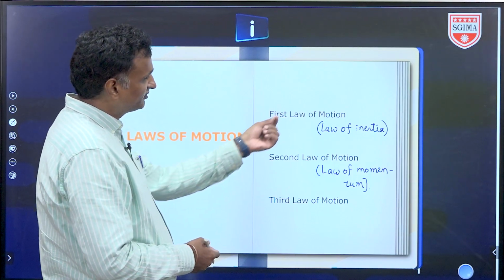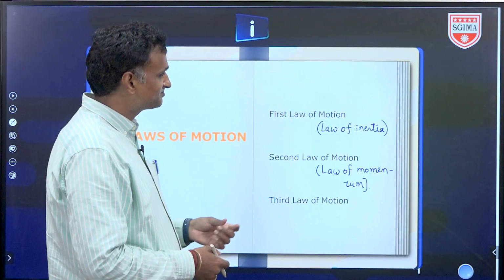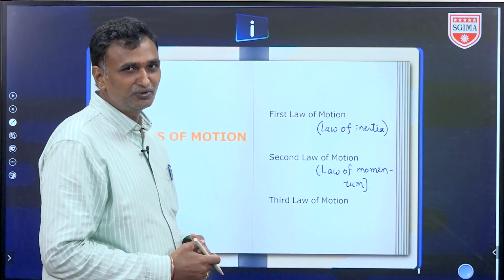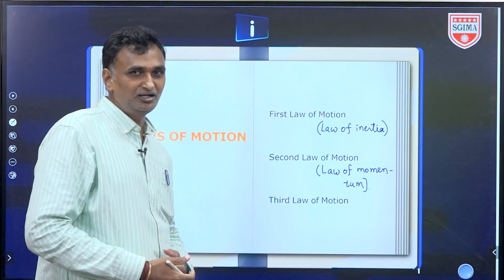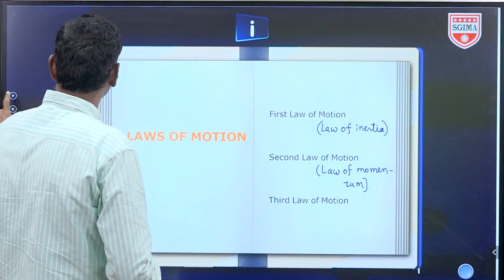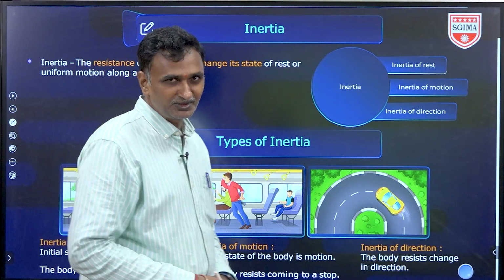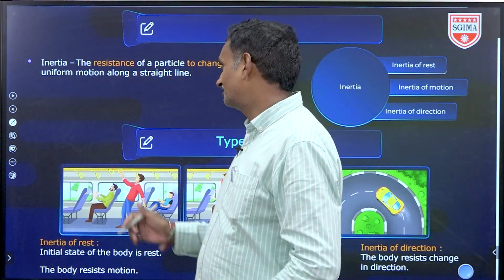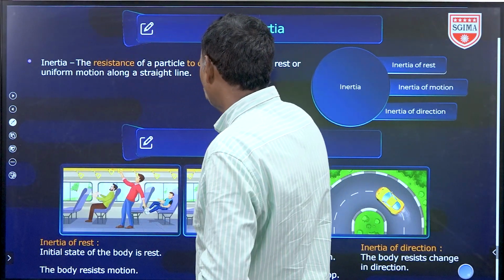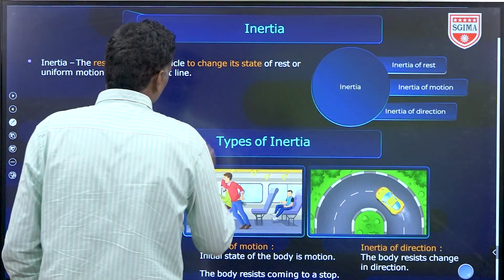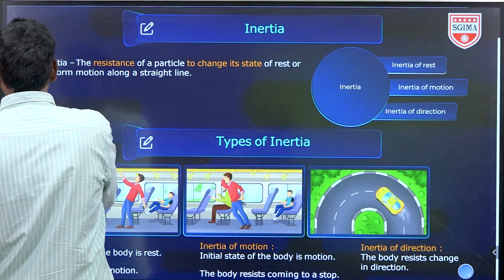We begin with the first law of motion, which explains majorly about inertia. So we need to know what inertia is. Inertia is the resistance of a particle to change its state, whether from rest or from uniform motion.